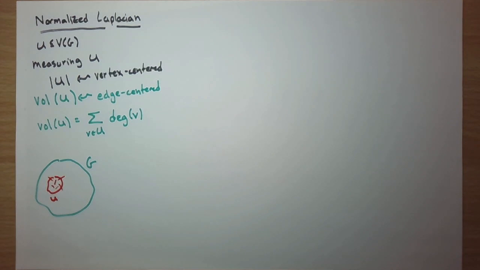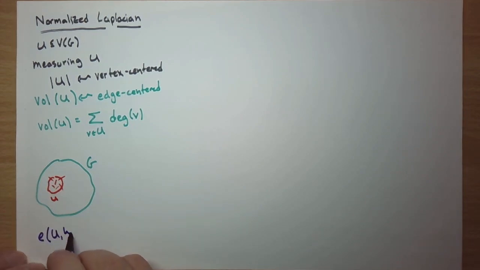Now, in addition to the volume, we should talk about another quantity, which I'll write as E(U, W).